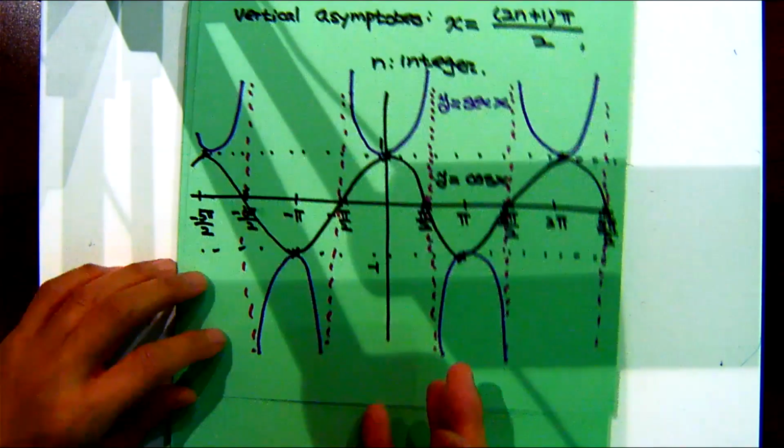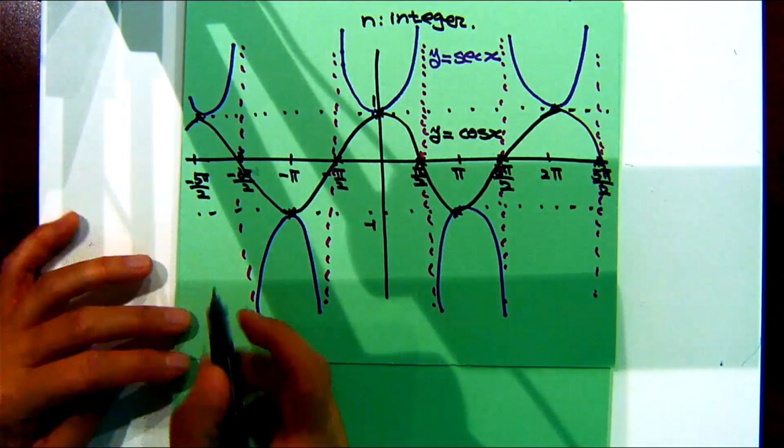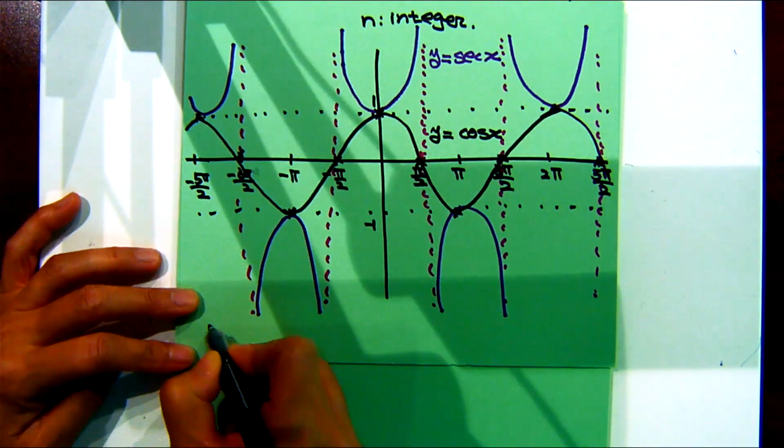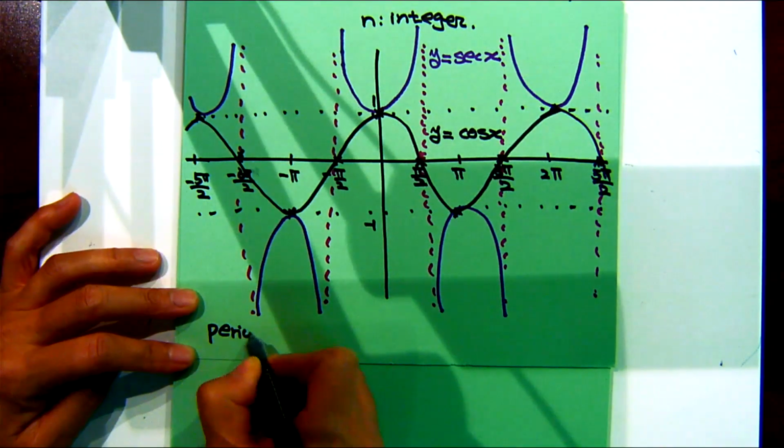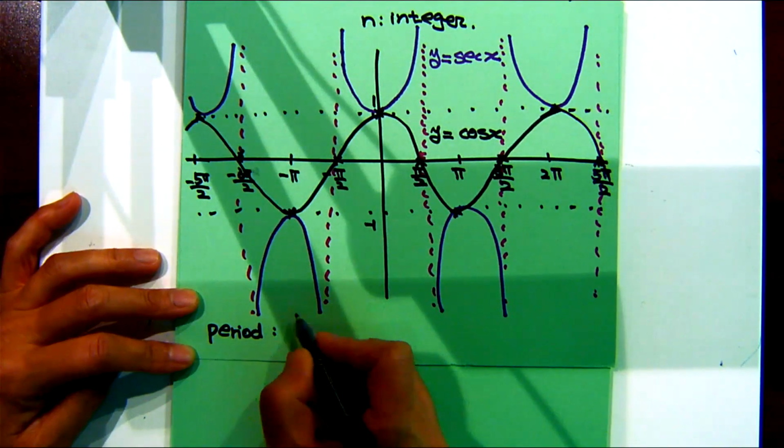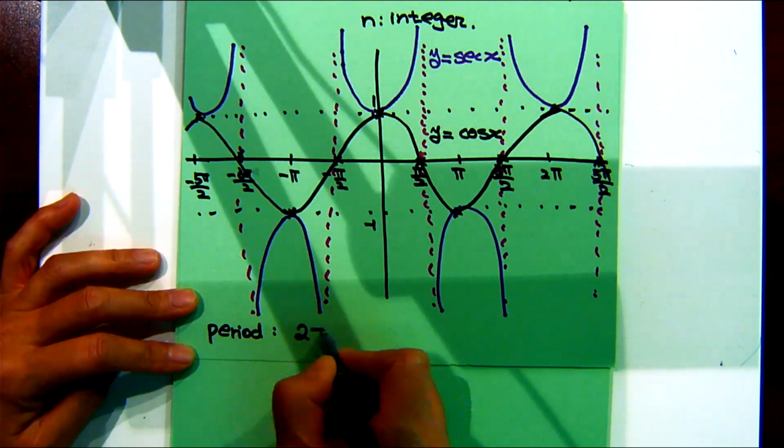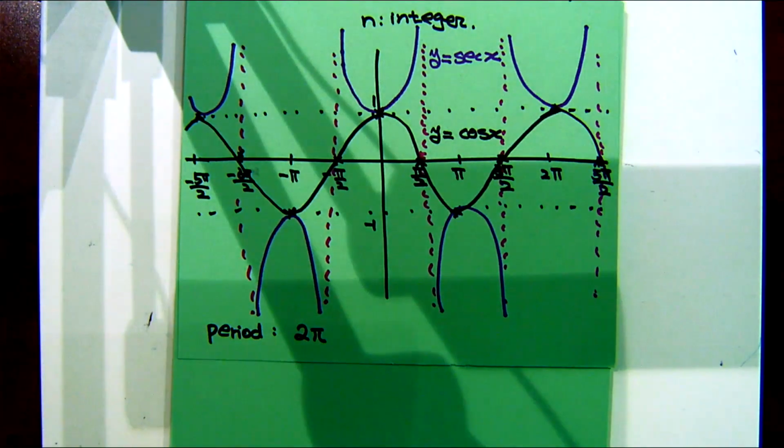But the period of secant of x is 2 pi, because the period of cosine is 2 pi, and 1/cosine is secant, but the period should be the same, right?